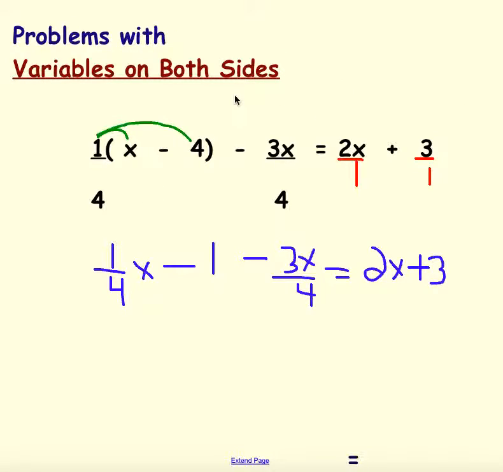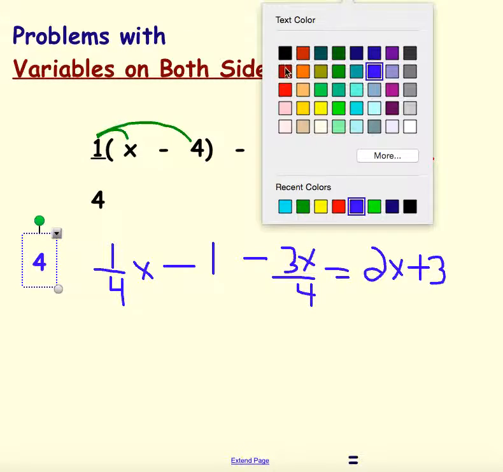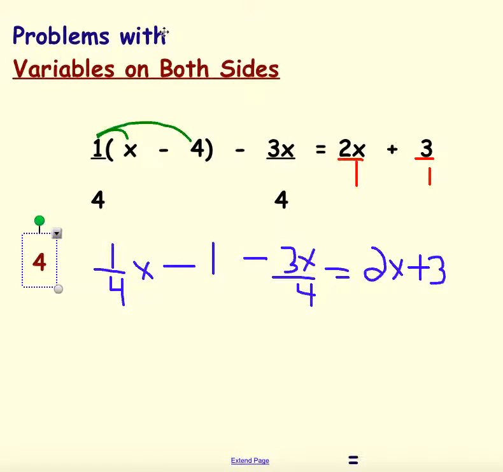So if I multiply by 4, that is going to eliminate everything. I'm going to use a different color on this one so it stands out a little bit. I am going to multiply every single term by 4. Okay, so I'm going to go 4 times a 4th.